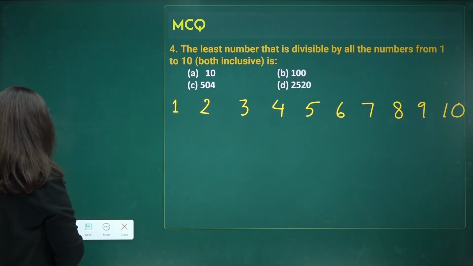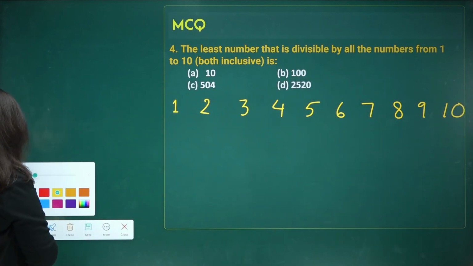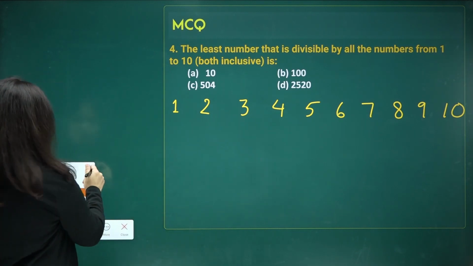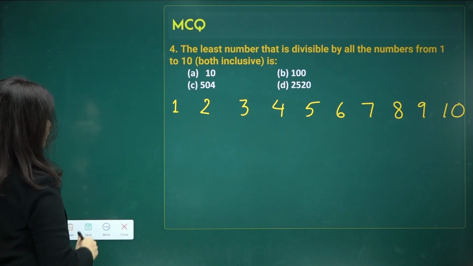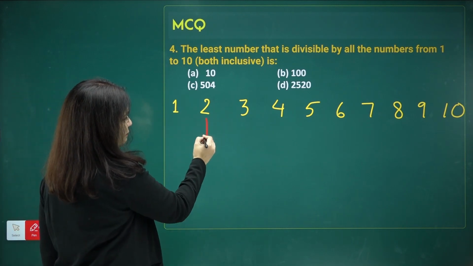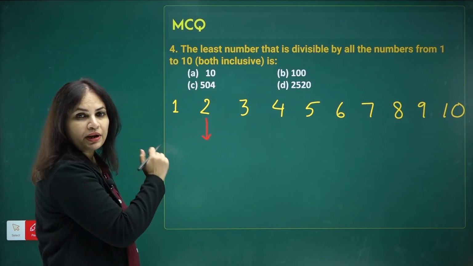Now let us write down all the prime factors of numbers from 1 to 10. 1 being neither composite nor prime, we cannot write down prime factors of 1.